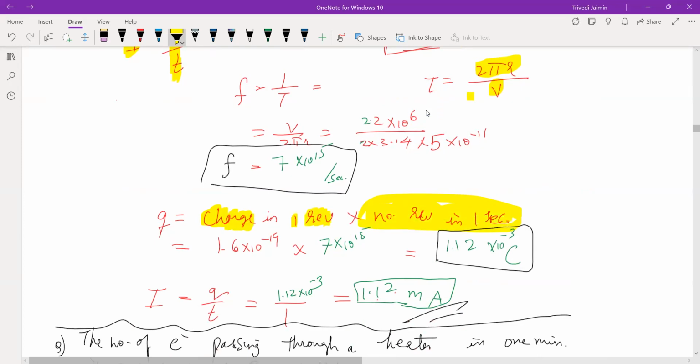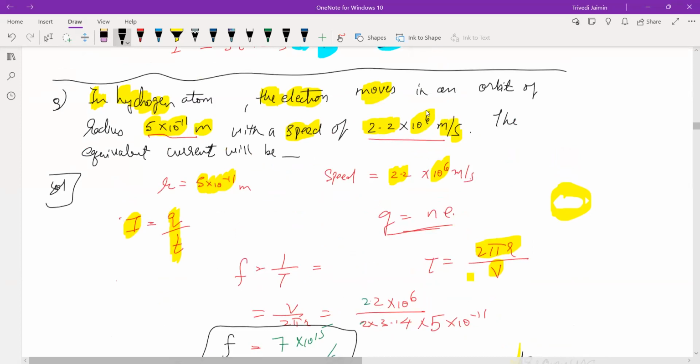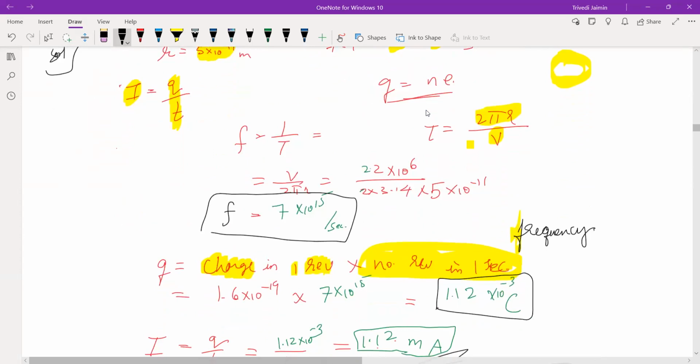This is called frequency: the number of revolutions in 1 second. Charge in 1 revolution and number of revolutions in 1 second, that is your frequency. Here it is revolving around the orbit at a speed of 2.2, so with this we can find the frequency and substitute it here. Charge, it has one electron charge, 1.6 value.